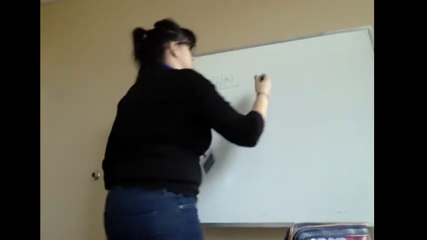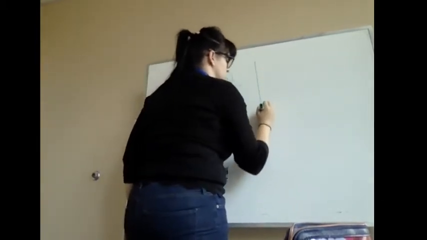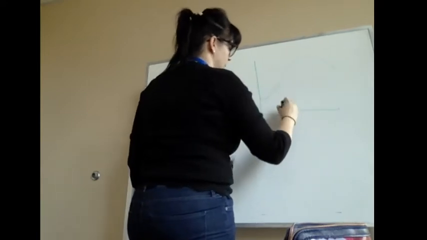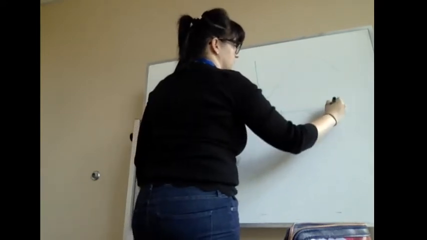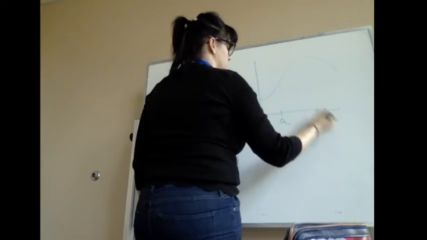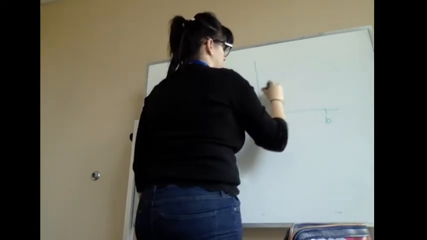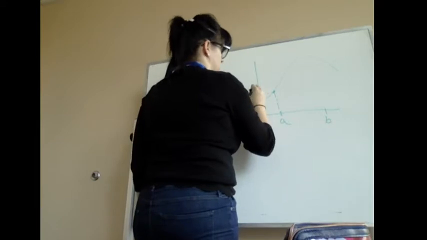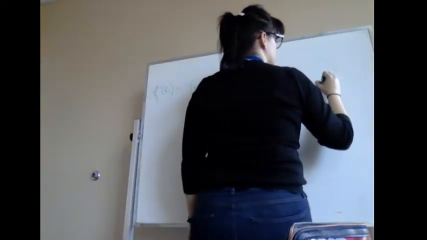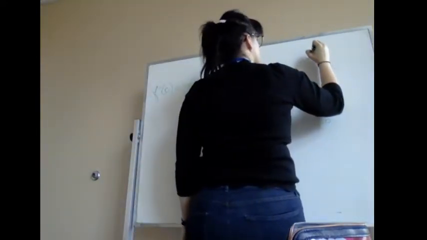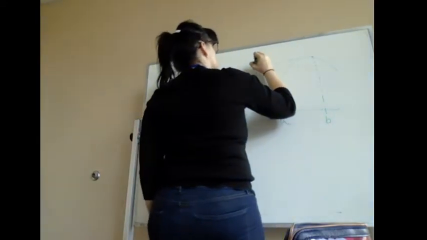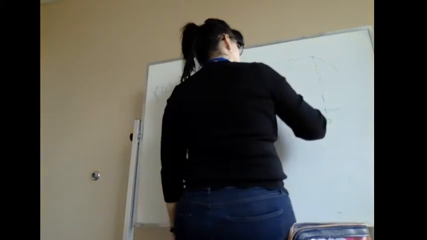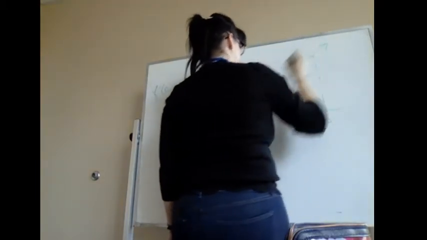Which means if we have a function, you have a point A, you have a point B, right here, that's f of A, that's f of B, and there's a secant line in between them.